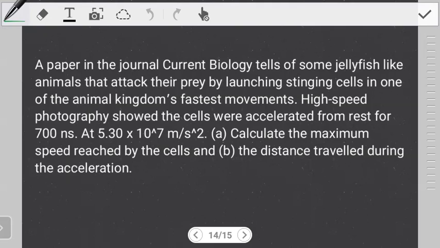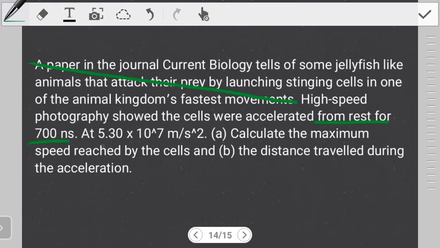So this question is a little bit straightforward. The extra details they've given us in the first part are basically just information. They don't help us to work out this particular problem. The details that are actually part of the solution start from rest, and the time that it accelerates through.